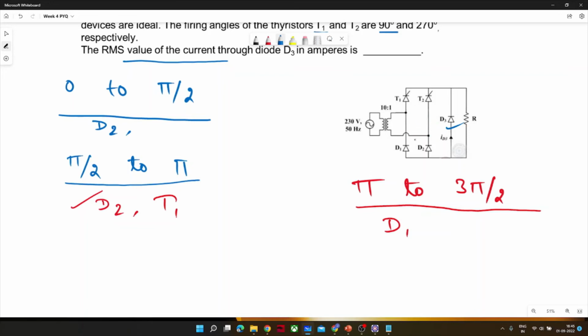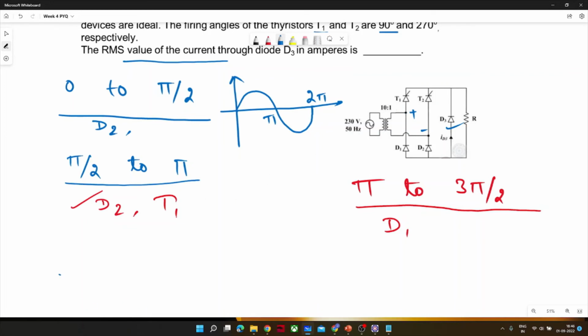See, if this is a sinusoidal source, it would have some positive time and some negative time, till pi and till 2 pi. For 0 to pi, this terminal would be positive. If it is positive, the thyristor is acting in forward blocking mode, or it can also conduct if we give a trigger to the thyristor during this period.